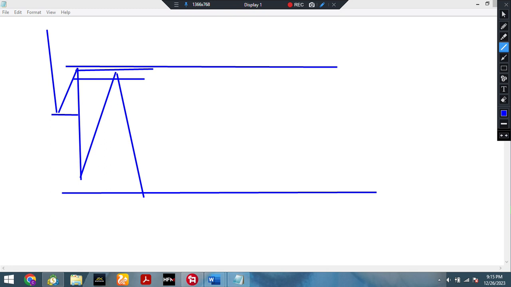But I told you earlier that whenever this scenario comes up and your 5 minutes is not aligning with it, don't do anything. You won't lose your money. Always wait for a condition where the three of them, 1 hour, 15 minutes and 5 minutes, align. If they are not aligning, then it becomes a very big problem, because if they align, the movement will be very okay.